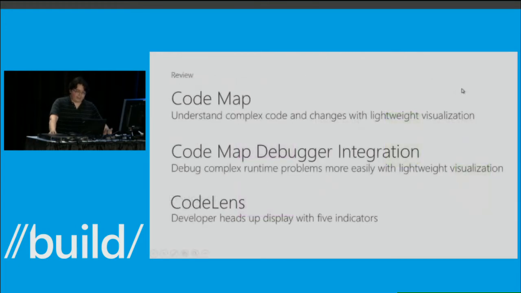All right. So I'd like to quickly review here. First we saw CodeMap, which is a feature to help you visualize stuff that is relevant to your task, adding all of your navigational information onto a diagram so that you don't have to memorize it.